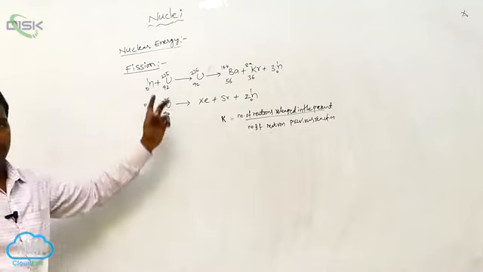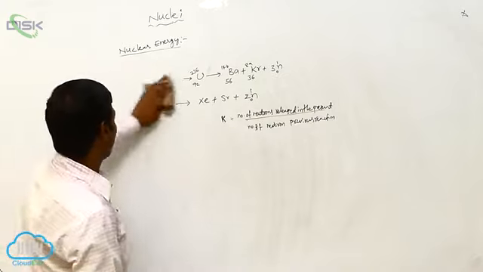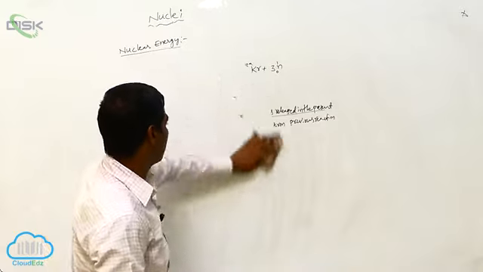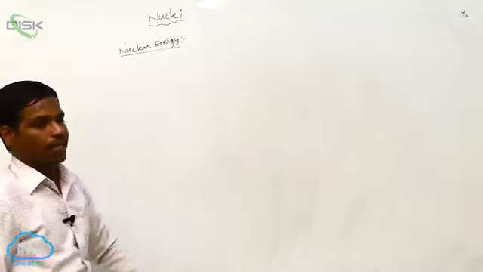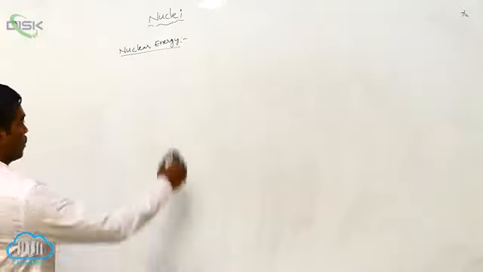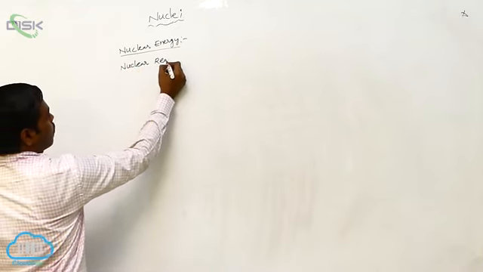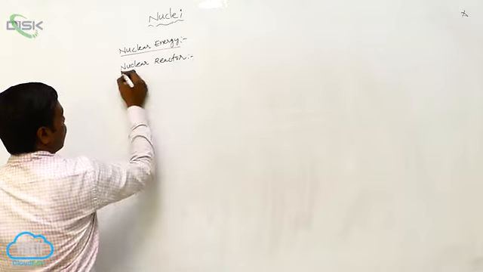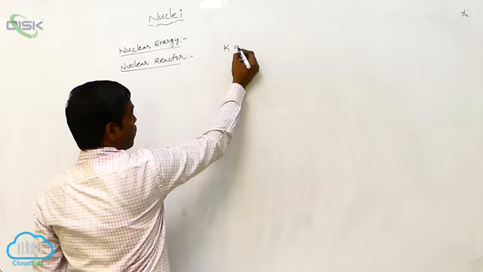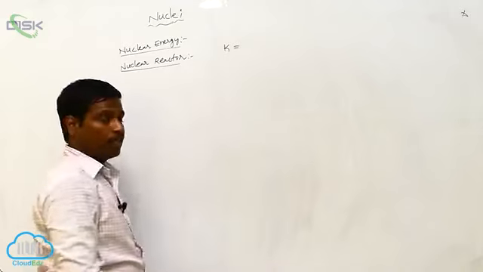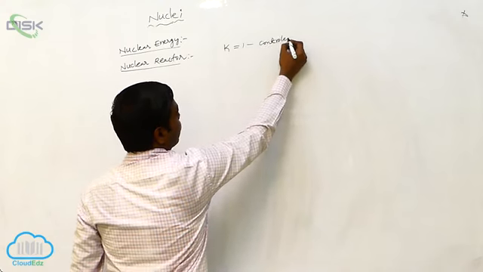Based on this fission process we have the nuclear reactor. This nuclear reactor works on the principle of controlled chain reaction. When the multiplication factor K is equal to 1, it is called a controlled chain reaction.